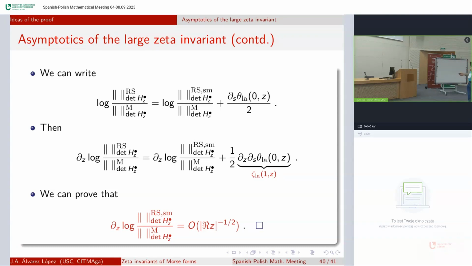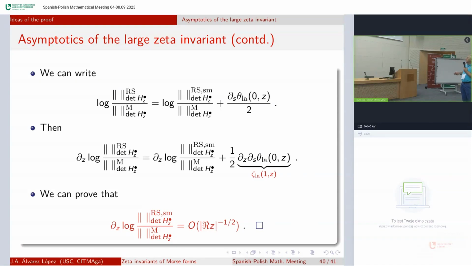And now what remains is to prove that this quotient has order the absolute value of the real part of the parameter to the minus 1/2. This is difficult to prove, very technical, with many computations to do.